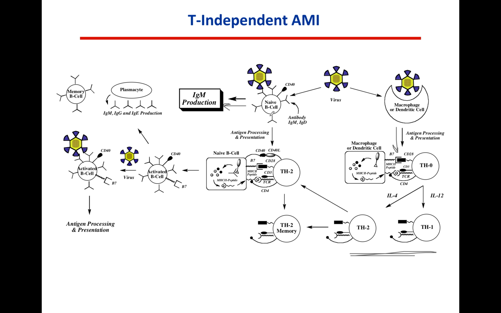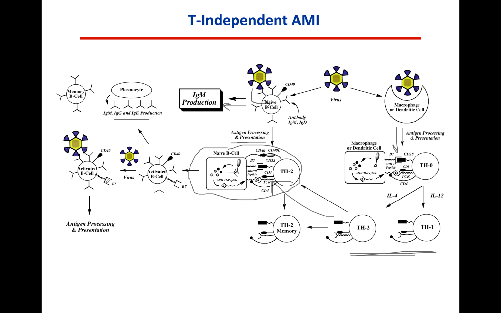But if that virus is taken up into the cell, you can then also get antigen processing occurring. And as a consequence, you can see how this would then lead to T cell activation, B cell activation, and the production of plasmacytes and antibody, particularly IgG, to the virus.